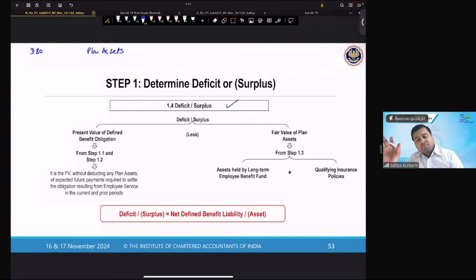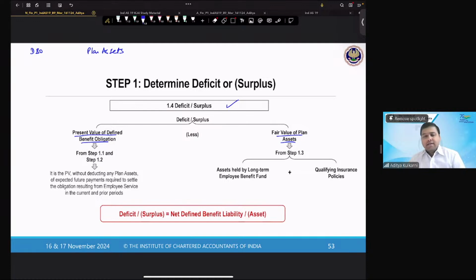Now, this present value of defined benefit obligation के सामने you are going to have these plan assets. So I will do a netting off. So present value of defined benefit obligation minus fair value of plan assets is always what I am going to do.